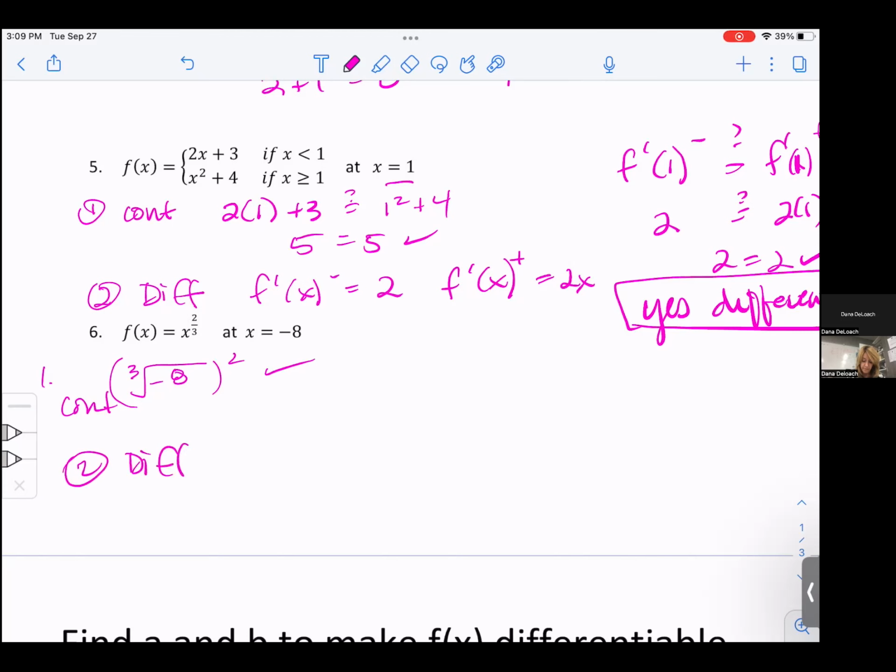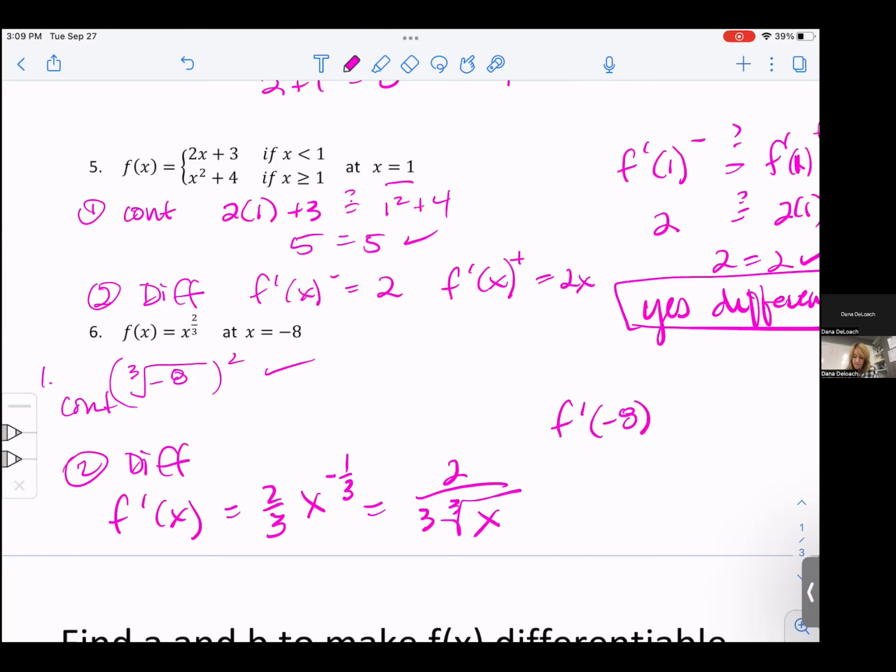I'm asking, okay? So f prime of x is going to be 2/3 x to the -1/3, which equals 2/3 cube root of x. Okay, well, as long as it's defined, it's going to be approaching the same number. So now I'm going to do f prime of -8.